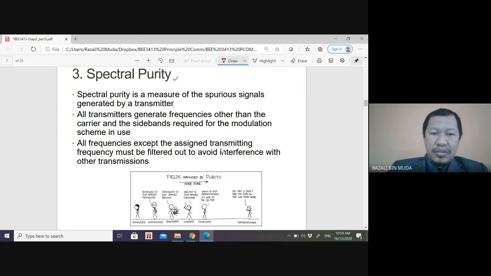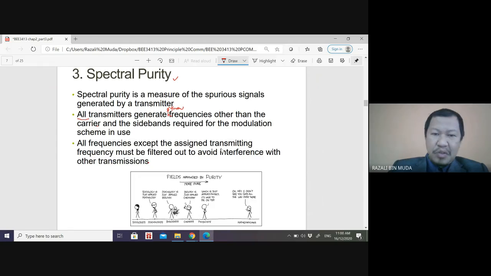Okay, so all transmitters generate frequencies other than the carrier and the sidebands, meaning that this transmitter also generate other frequencies besides the frequency of the carrier and frequency of sidebands.